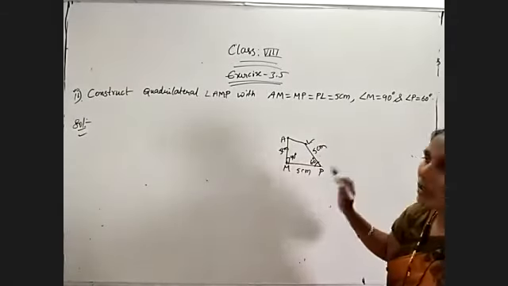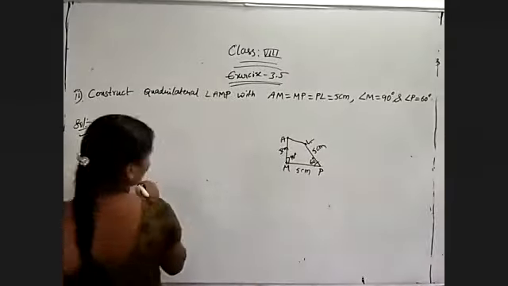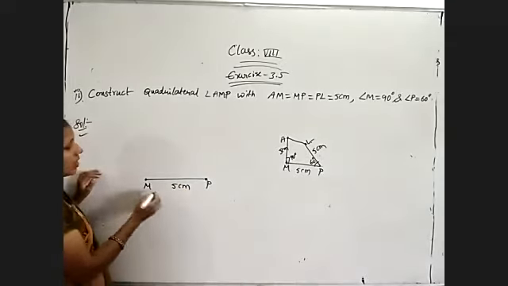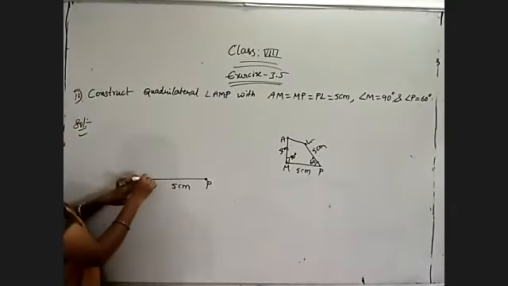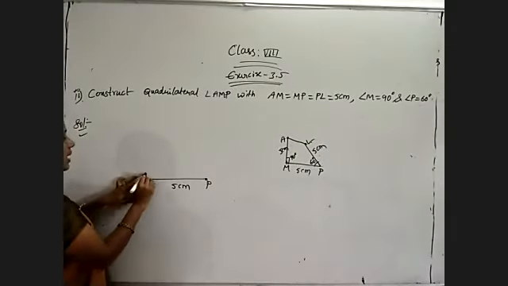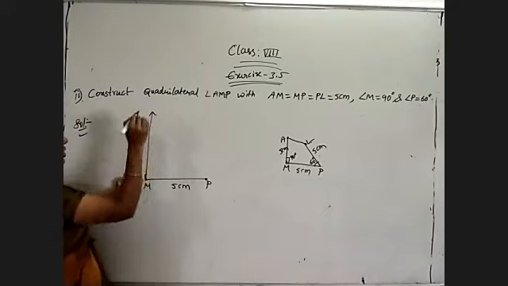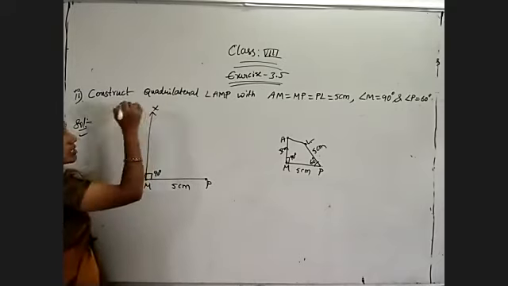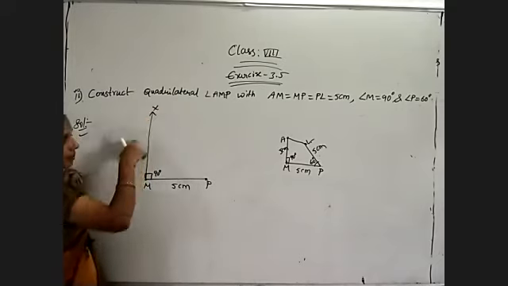We will do it now. First, draw the line segment MP of 5 centimeters. Now construct angle M equal to 90 degrees using the protractor. So 90 degrees, a straight L shape, we will get. Ray MX makes 90 degrees with line segment MP.